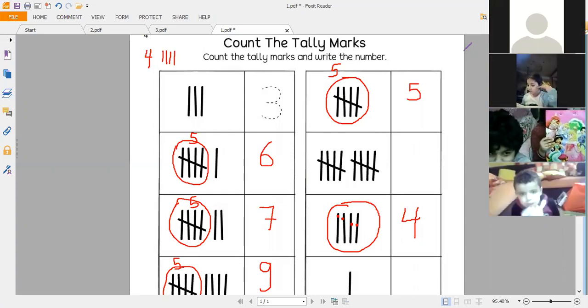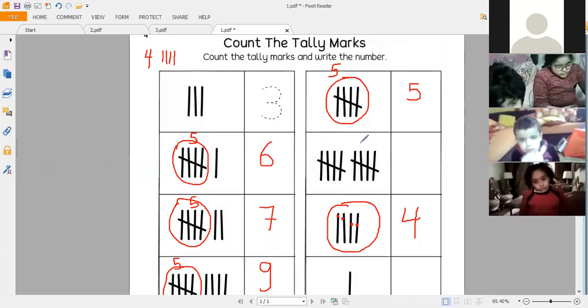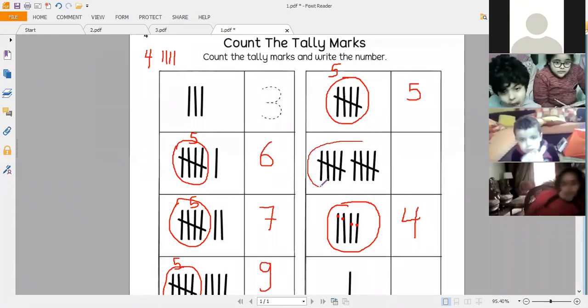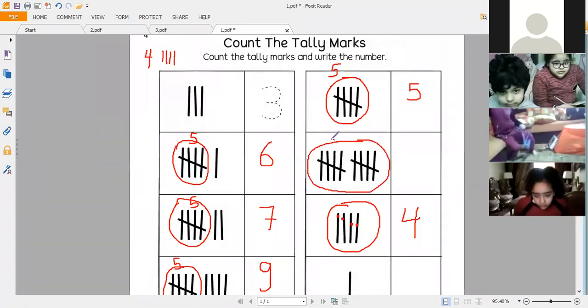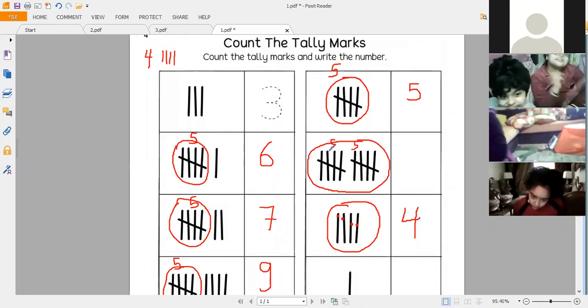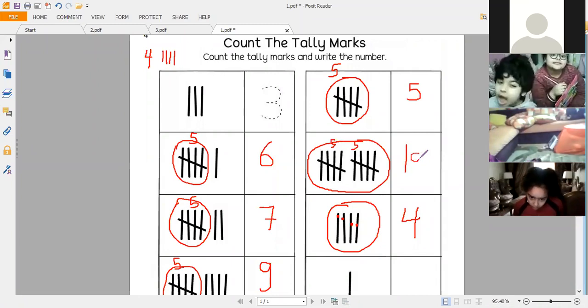Can you tell me which number these tally marks represent? 10. Because you will have 5 and 5, so you can add 5 plus 5. 5 plus 5 equals 10.